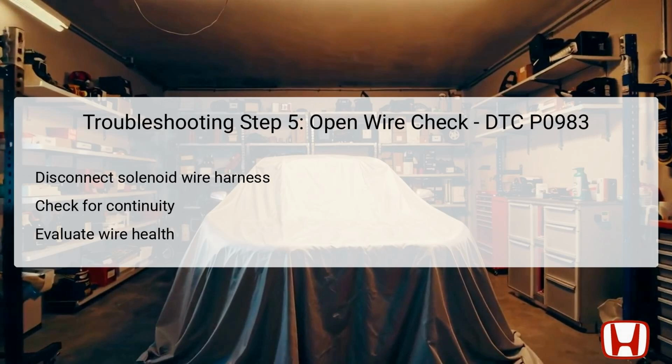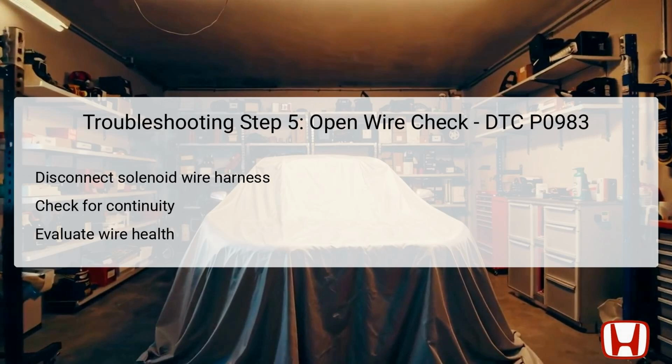With both the wire harness and PCM connector B disconnected, check for continuity between test points on the SHD circuit. These points are identified as Shift Solenoid wire harness 8P connector number 5, GRN red, and PCM connector B, number 32, GRN red.